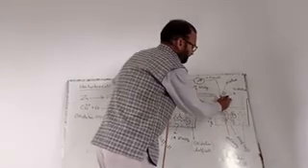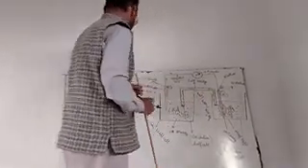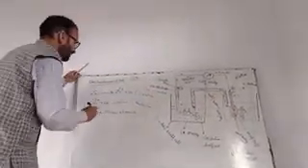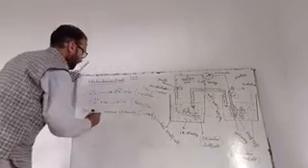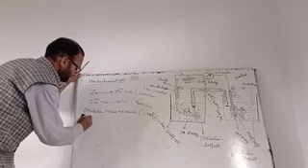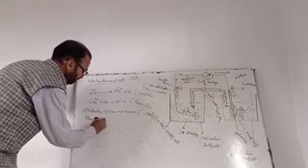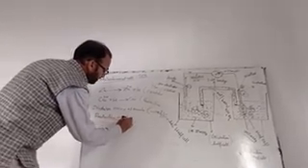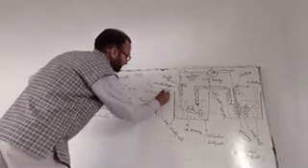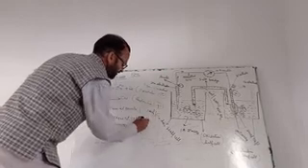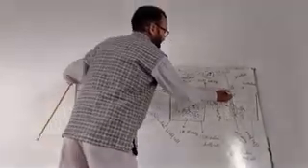Oxidation occurs at the anode, which is negatively charged, and reduction occurs at the cathode, which is positively charged.